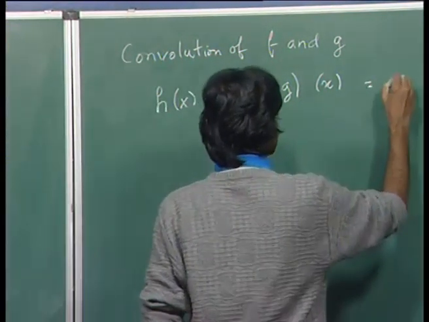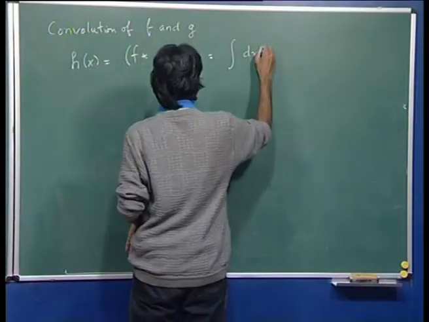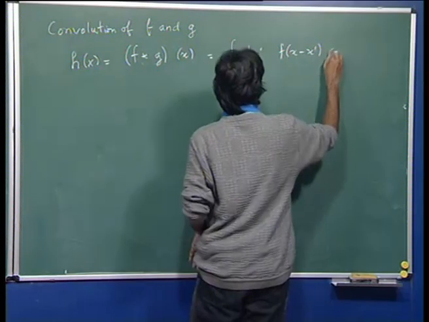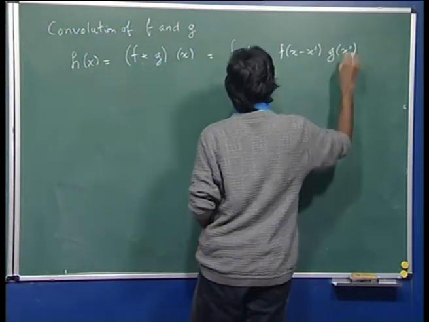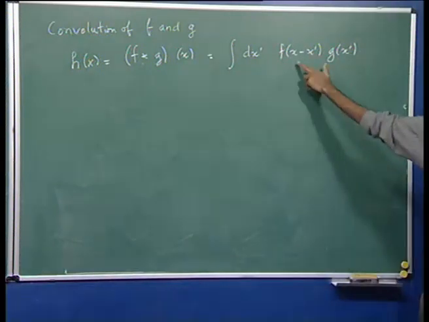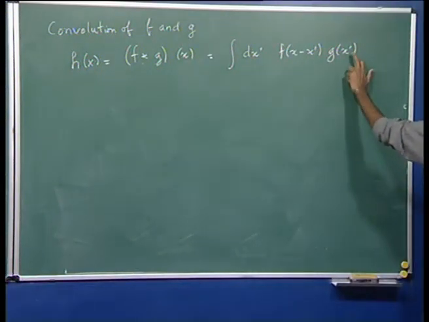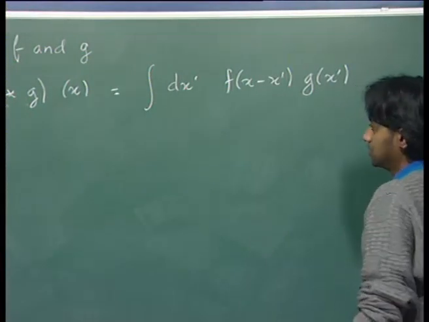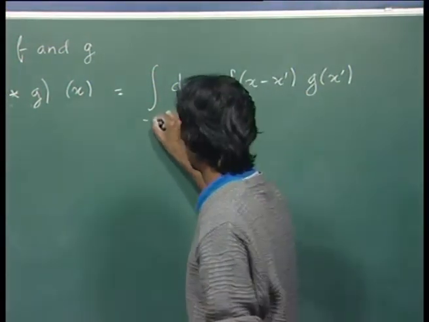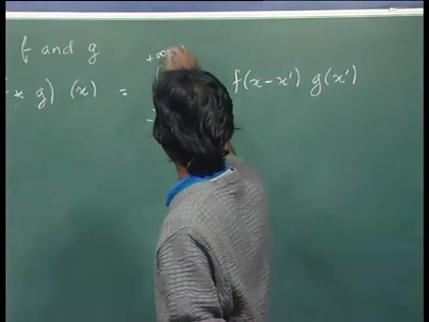It is equal to the integral dx prime f of x minus x prime g of x prime. So, you take f of x minus x prime and g of x prime such that they add up to give x, and you integrate this over the usual range. This is called the convolution.